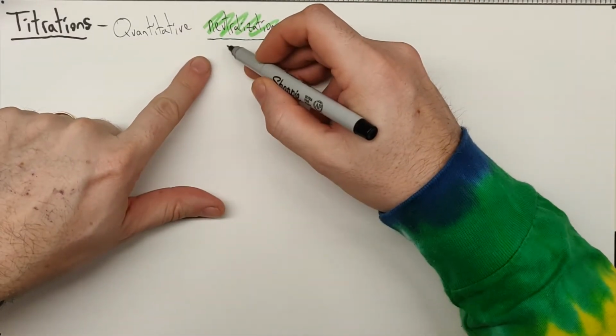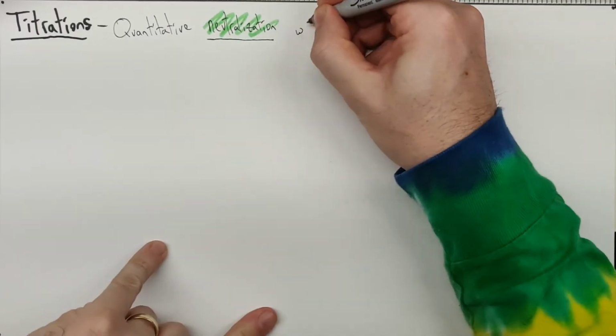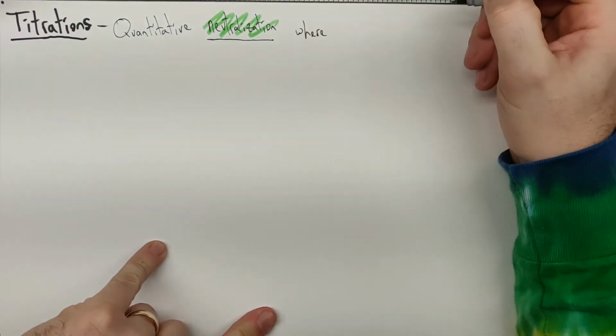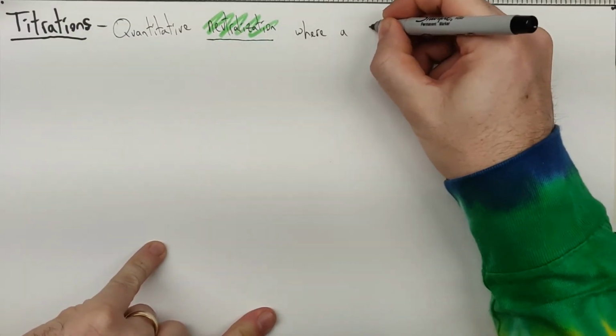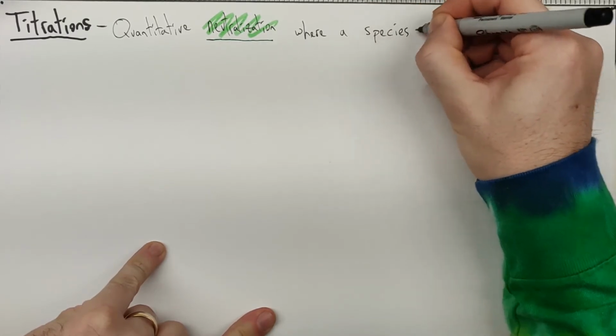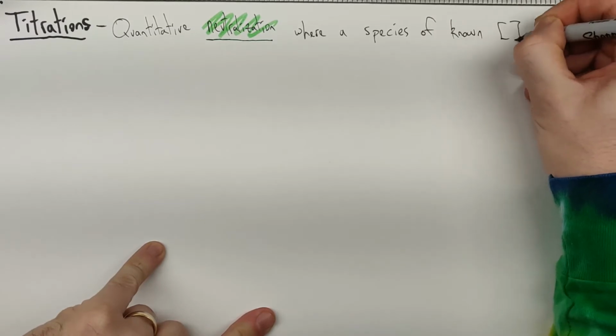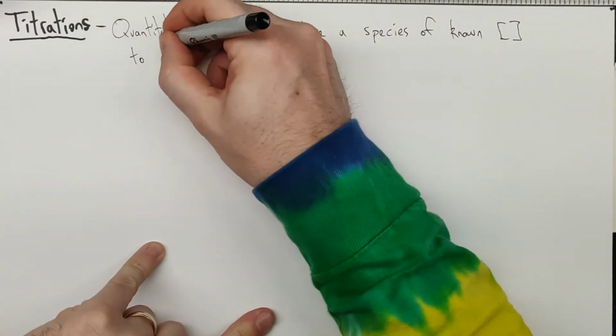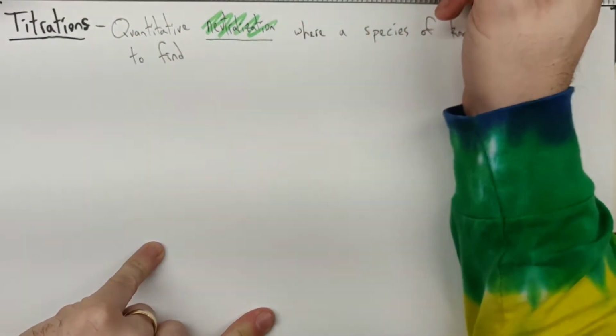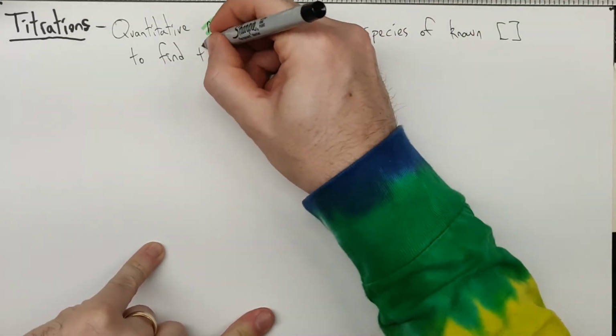The idea is you have some neutralization where you're using a species of known concentration, and I'll abbreviate concentration here, to find the unknown concentration of another species.